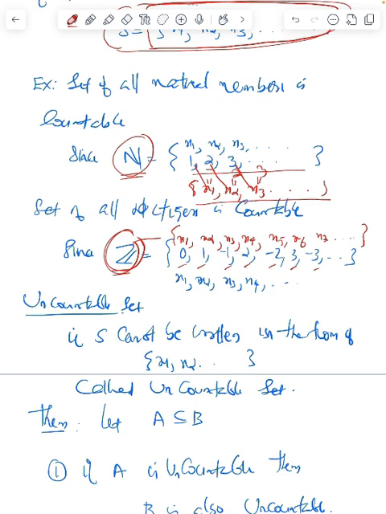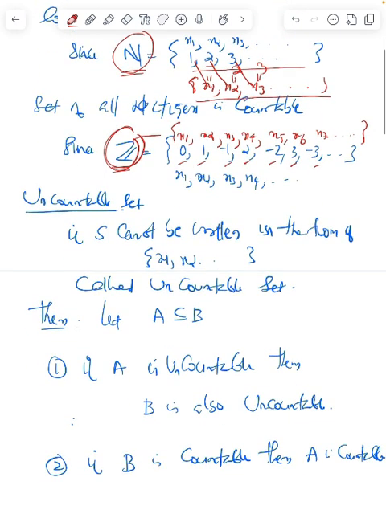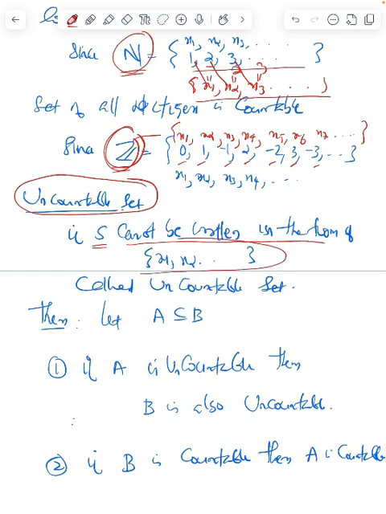Okay, we defined the definition of a countable set. Next, we are going to define an uncountable set. If the set S cannot be written in the form x1, x2, x3, etc., it is called an uncountable set.